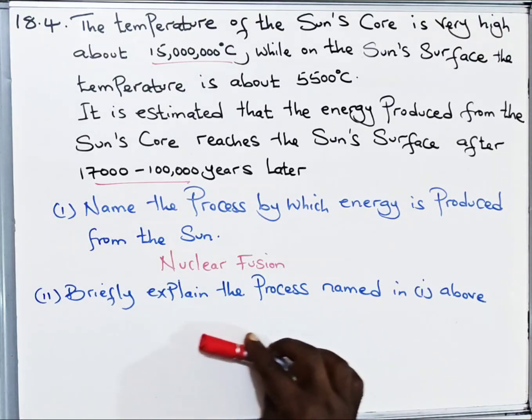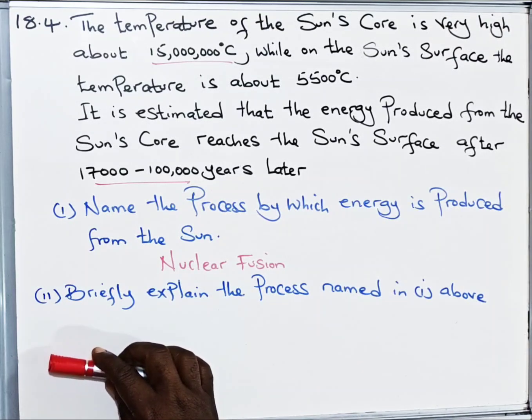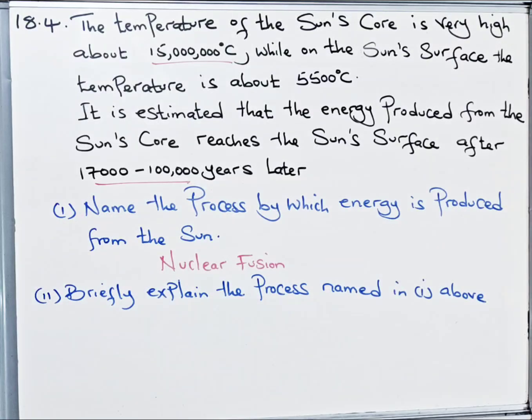So what happens during nuclear fusion? 4 hydrogen atoms combine to form 1 new helium atom. But during that process, what happens? Some energy is lost. When you combine them, the 4 masses of hydrogen are not equivalent to 1.